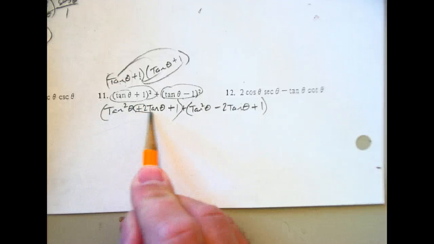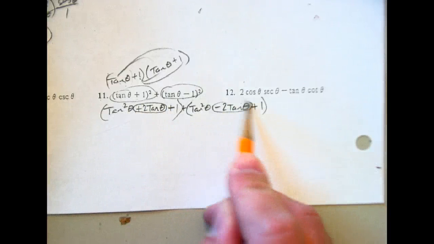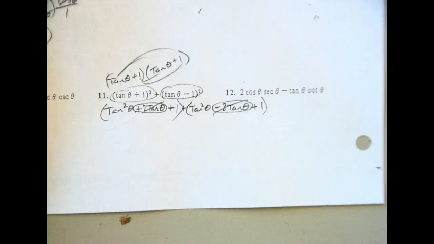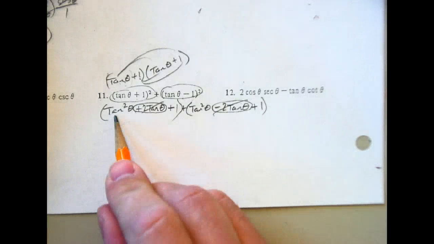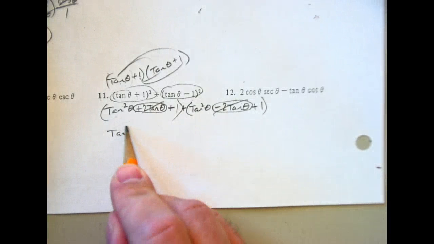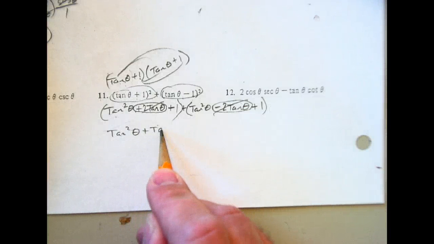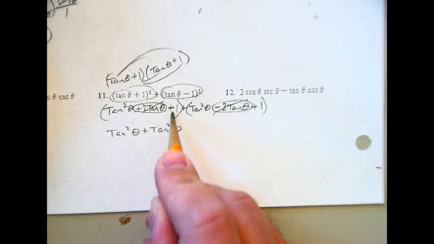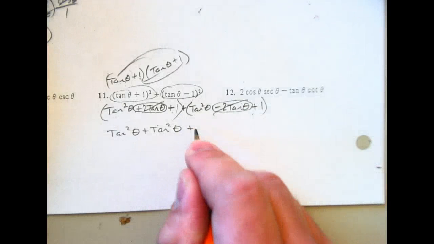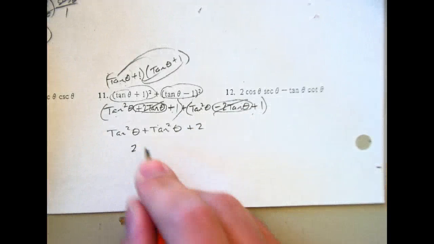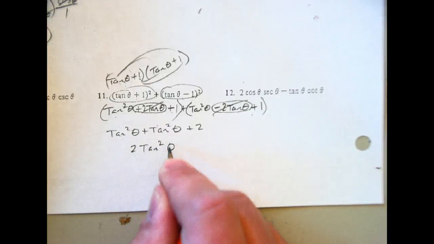So I have this 2 tan theta and that negative 2 tan theta. Those two things are going to become 0. I got tan squared theta plus tan squared theta, and 1 plus 1, or 2. So I have 2 tan squared theta plus 2.